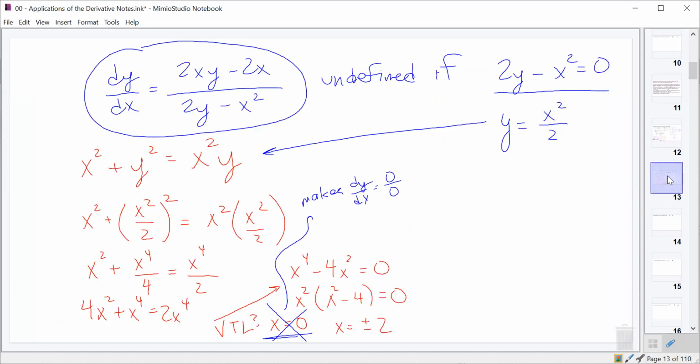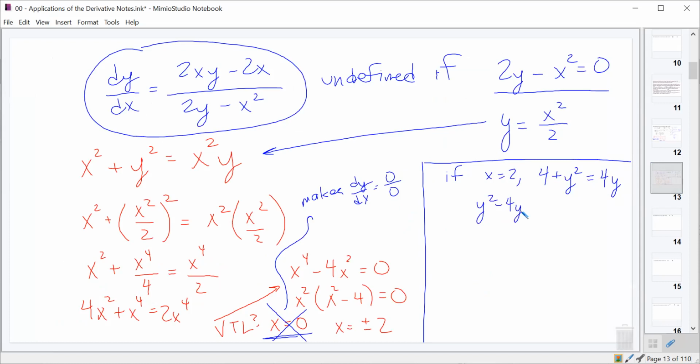So we'll just quickly say if x is 2, that would give us 2 squared, which is 4, plus y squared equals 2 squared, which is 4 again, times y, or y squared minus 4y plus 4 equals 0, which we can factor if we want, (y minus 2) squared equals 0, which gives us y equals 2.